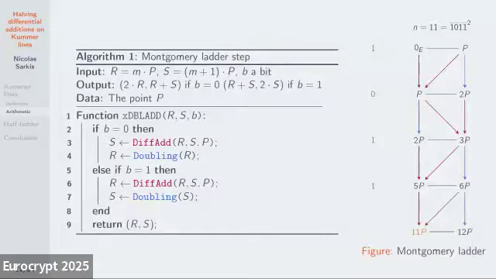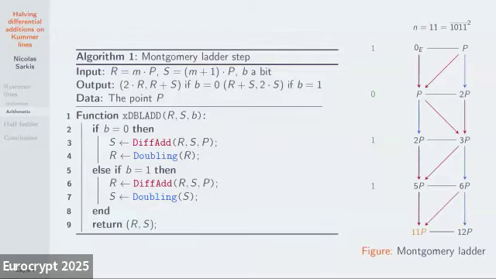So now, how do you do that? There is an algorithm called the Montgomery ladder. It's a generalization of fast exponentiation, but you have to deal with the fact that you're not in a group. The idea is that at each step, you perform 1 differential addition and 1 doubling.